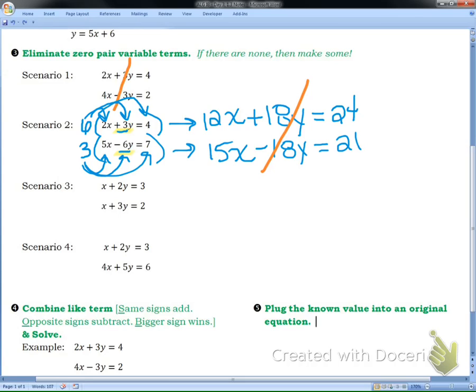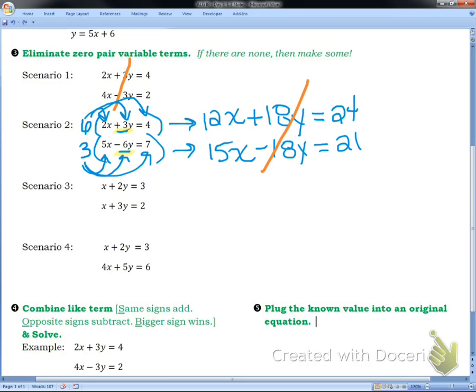In scenario 3, let's compare those equations. How is this alike or different from our previous 2 examples? Do we have any zero pairs already? No. But I can tell you we do have coefficients that are the same. What ones are they?